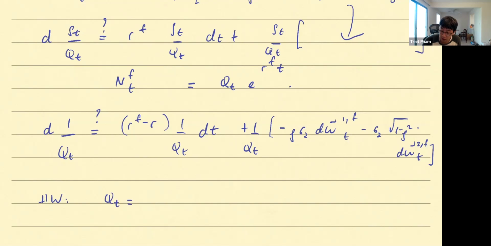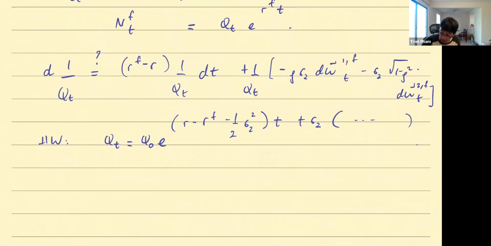You know what QT is, in terms of something like this, and then plus sigma 2 times something. You know that. And so therefore, you know what 1 over QT is.